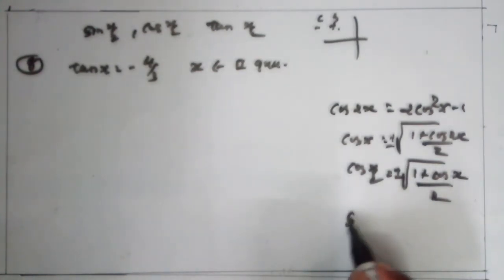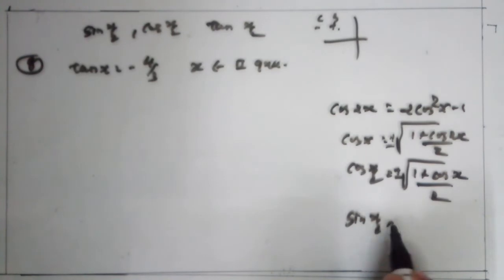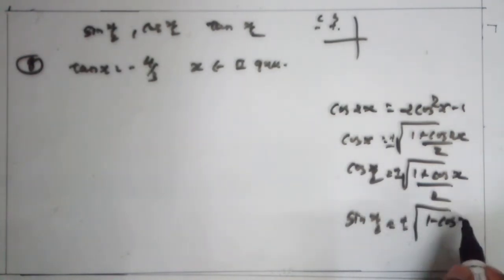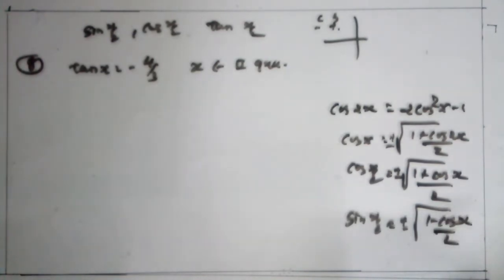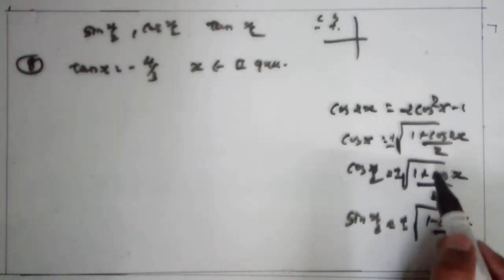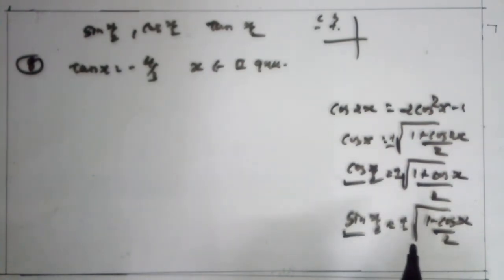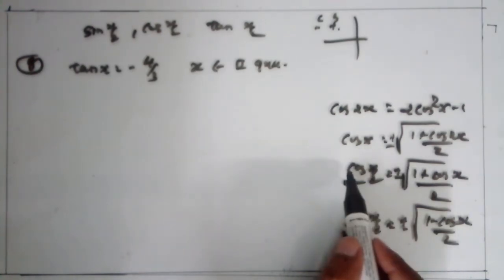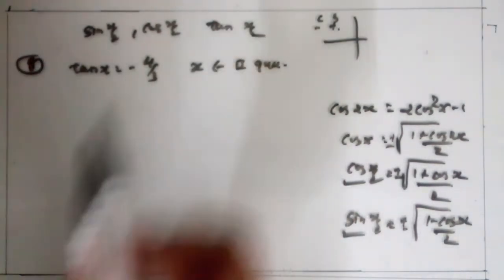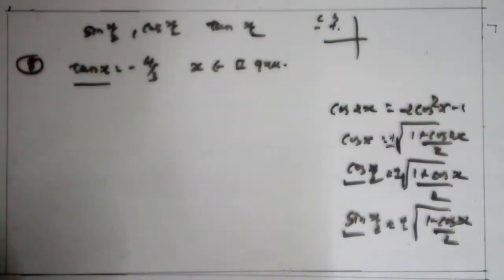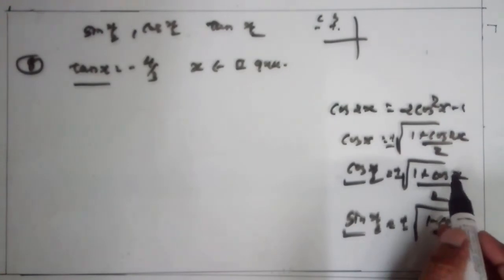Similarly, sin x by 2 is equal to plus or minus root of 1 minus cos x upon 2. That means from the value of cos x we get cos x by 2 and sin x by 2, and taking the ratio of these two, sin and cos, we get tan x by 2. Clear? So from this tan, first we get the value of cos.